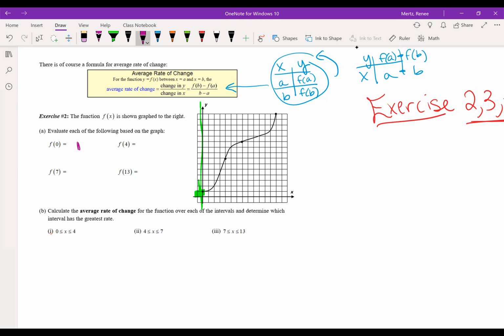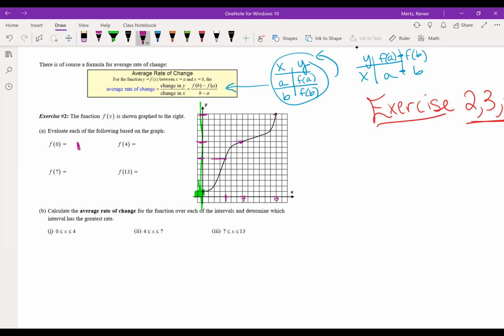F of 7, 1, 2, 3, 4, 5, 6, 7, 8, 9, 10, 11, 12, 13. All right, f of 7 is all the way up here. So I hit the point, I take it back to the y-axis. f of 4 is going to take me to here, and f of 13 is going to take me to the top.